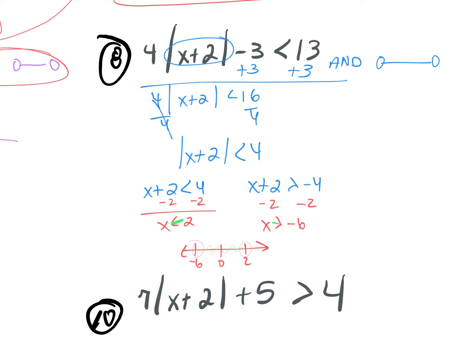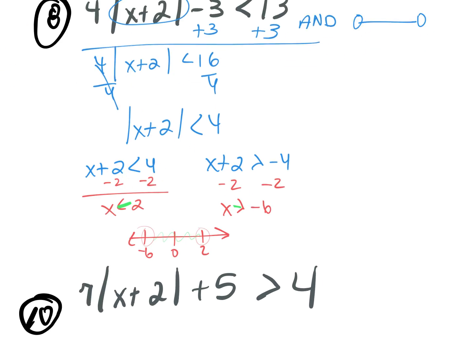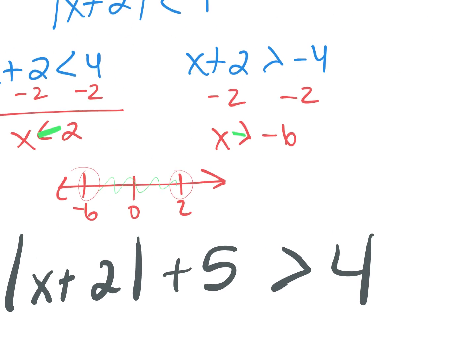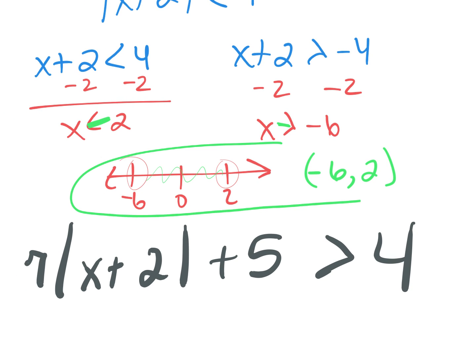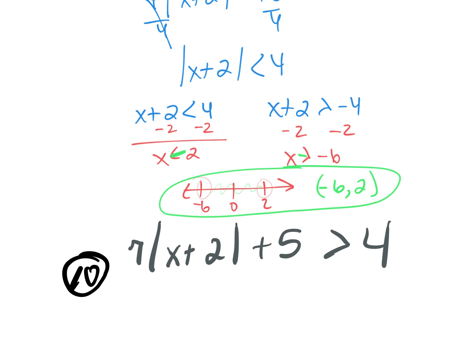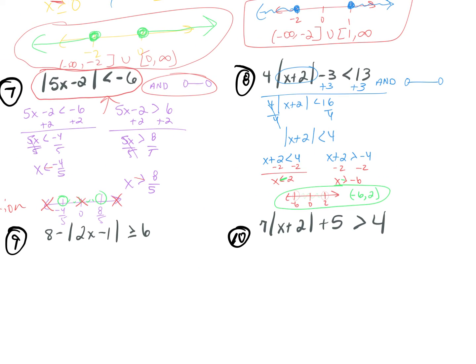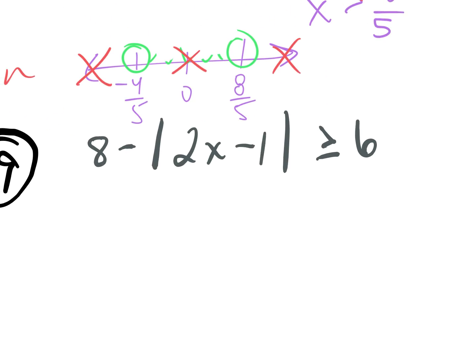Times 4, 8. 8 minus 3 is 5. Is 5 less than 13? Yep, so you guys are good. So how would you write your graph in interval notation? -6, comma, 2. Perfect. And you're using parentheses because it's not included. Everybody with me? Okay, let's go over into number 9.